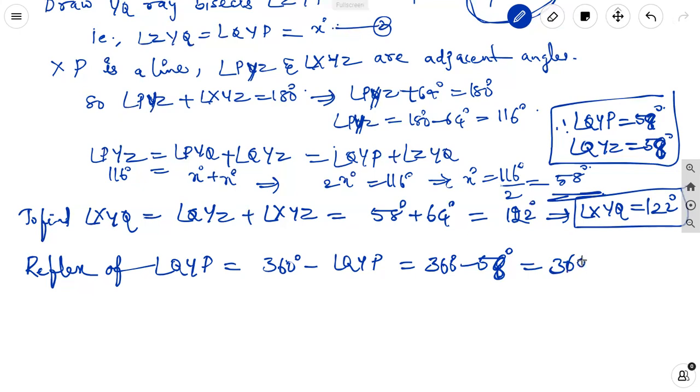So 360 degrees minus 58 degrees is equal to 302 degrees.